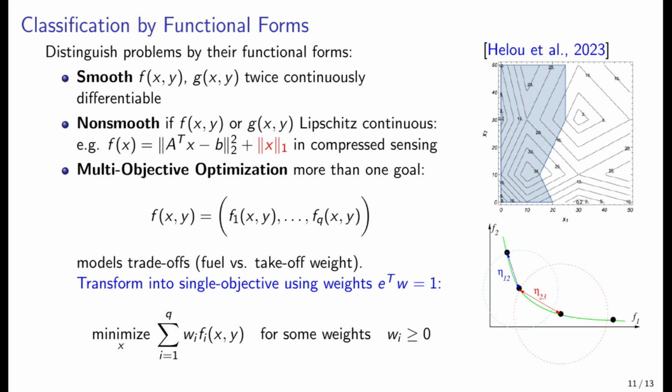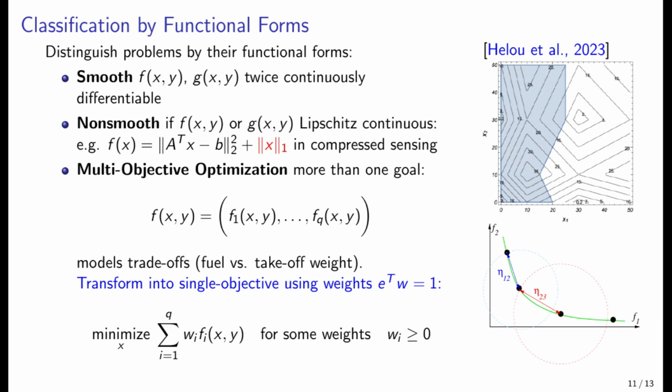We're not going to talk about multi-objective problems. In many, many applications, you really have more than one objective. So for example, when you're designing aircraft, you might trade off fuel efficiency versus takeoff weight or other such factors.